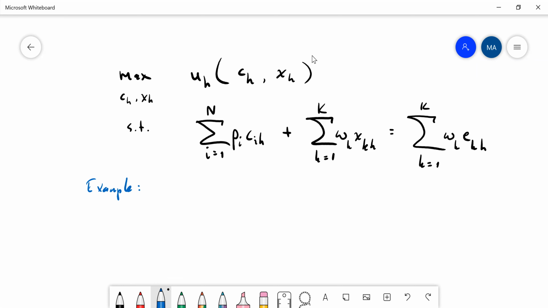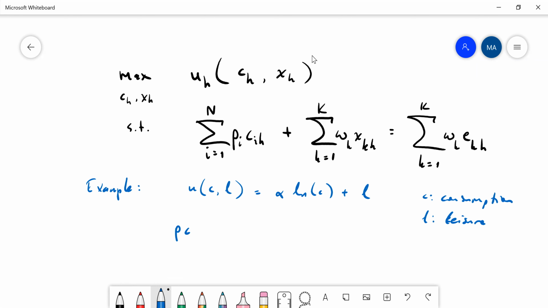Remember our toy model? There was this utility function, right? ln C plus L, right? Remember, C is consumption, and L is leisure.